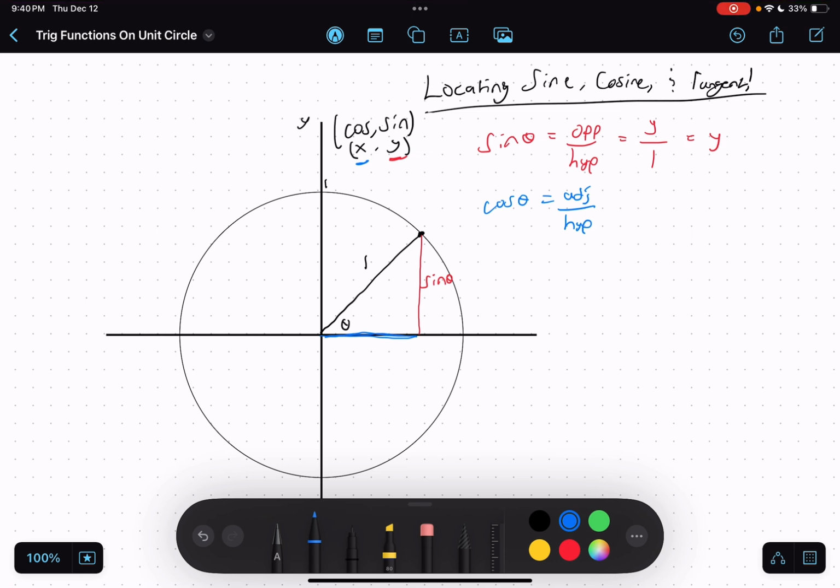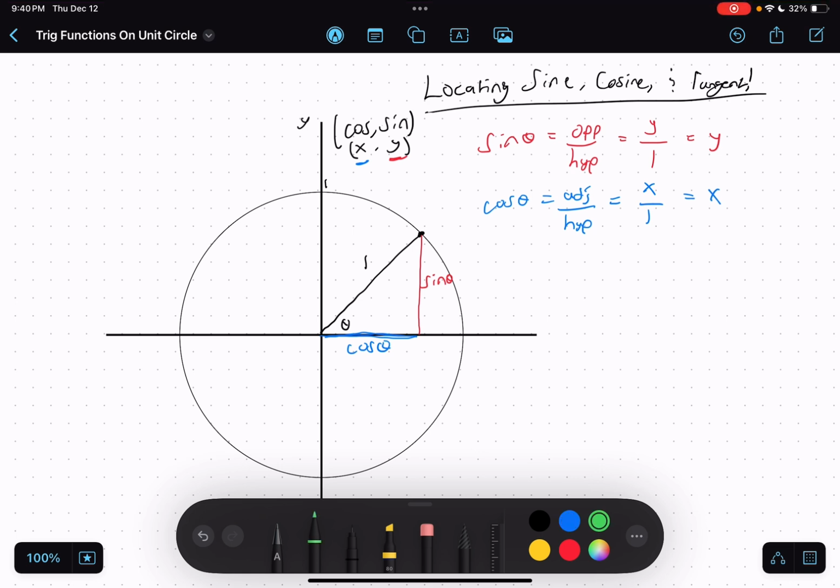And that adjacent side is just a component of x. It literally lies on the x-axis, so I can just call that x over 1, which is just x. So let's say x or cosine theta.